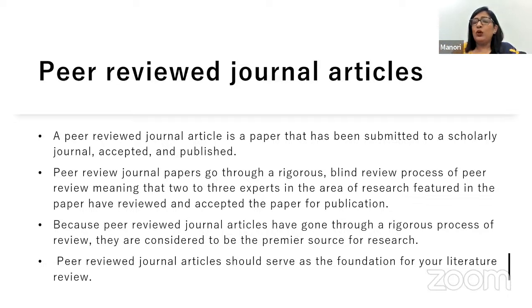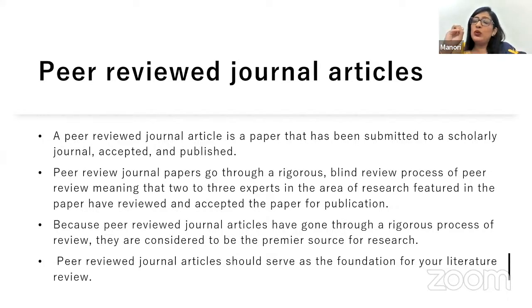We don't know who the reviewer would be, therefore it is blind review. So that is why we recommend peer-reviewed journal articles. Because peer-reviewed journal articles have gone through rigorous review, they are considered to be the premier source for research. It's a very, very important source.